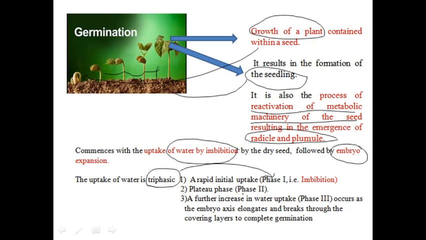Then the next phase is a plateau phase, and in the third phase there is a further increase in water uptake, and this results in embryo axis elongation and breaks through the covering layer to complete germination.